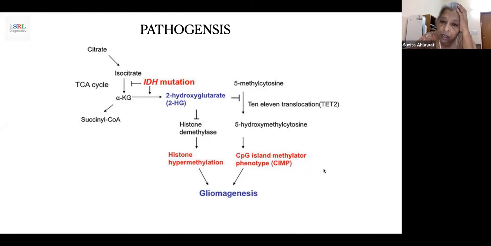So when there is DNA methylation, any kind of methylation, extensive hypermethylation in DNA causes the silencing of genes.